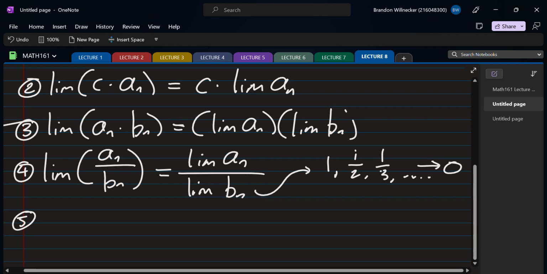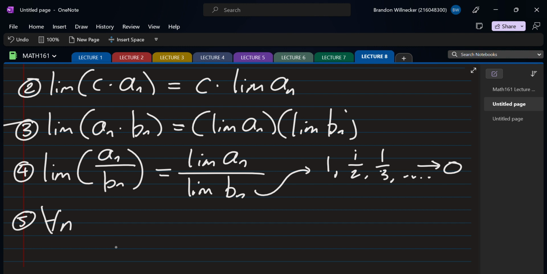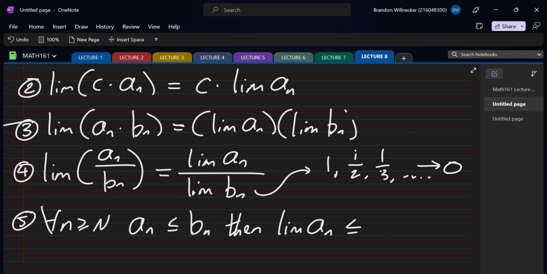Okay, so another property that we're going to be using is if we have the following: for all n greater than or equal to capital N, if an is less than or equal to bn. So for all of these values above a certain point, if the b sequence is always above the a sequence, then the limit values also satisfy this inequality.